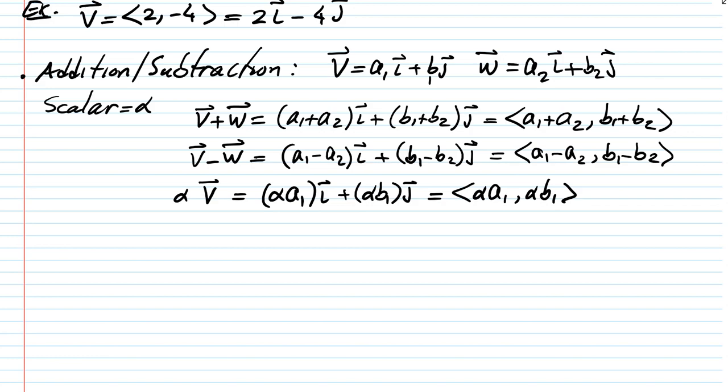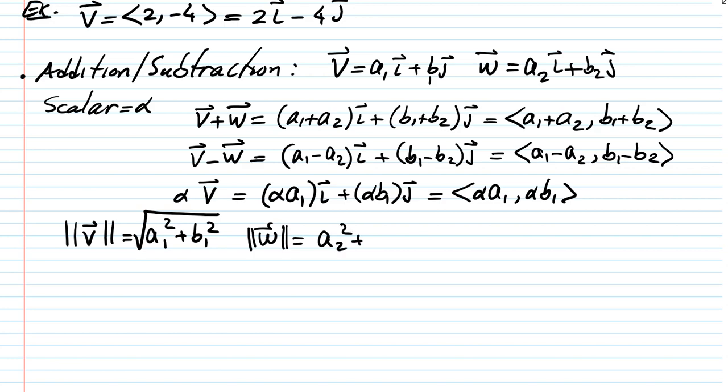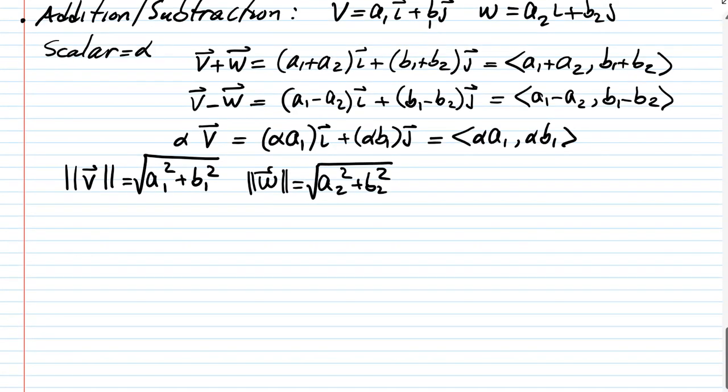Now the magnitude of the vector, by the way, now that we have the components, is when you do a1 squared plus b1 squared, take the square root of. Magnitude of w is going to be a2 squared plus b2 squared. It's just like any two vectors. You add the sum of the squares of the components, take the square root of.